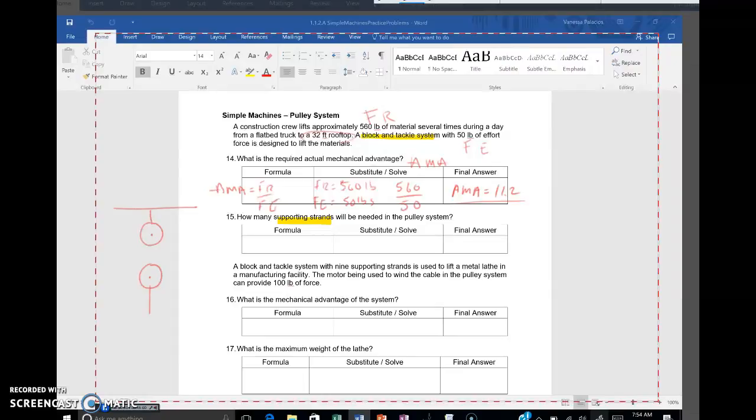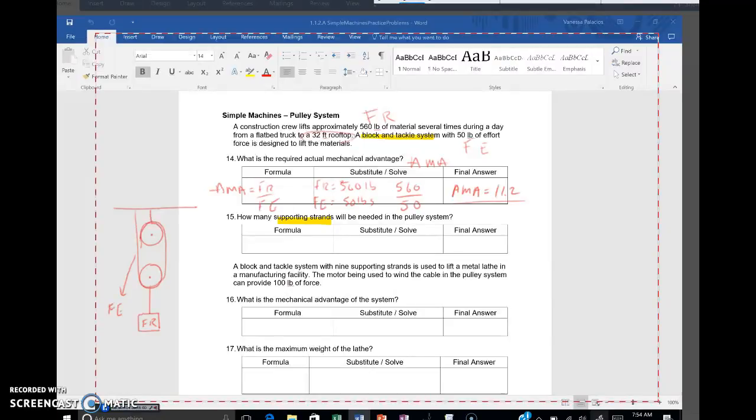And then we know the load is going to be here, and this is our FR. Then the string would come here, it would come around, it would go this way, and it would do something like that.